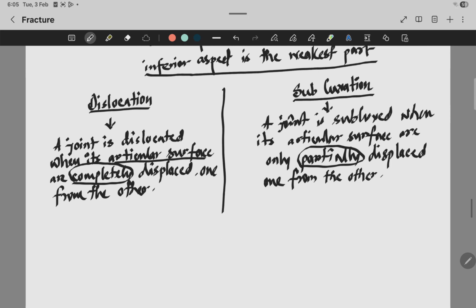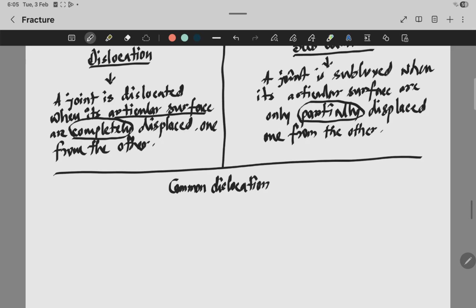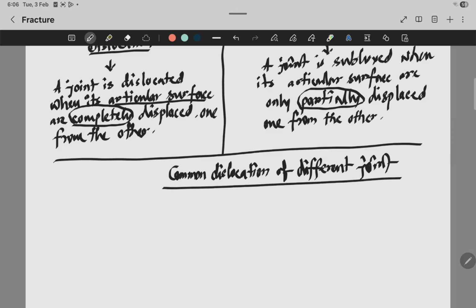Now we'll see the most common dislocations among the different joints. Number one, most common, is the shoulder dislocation.